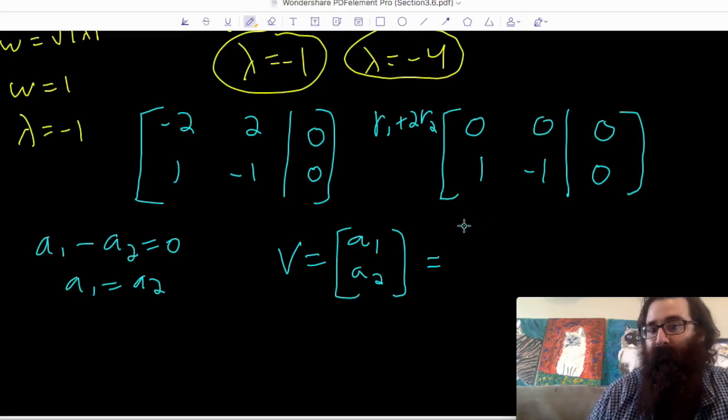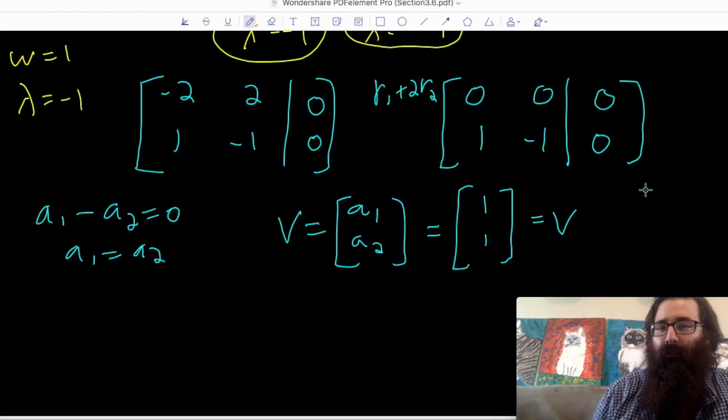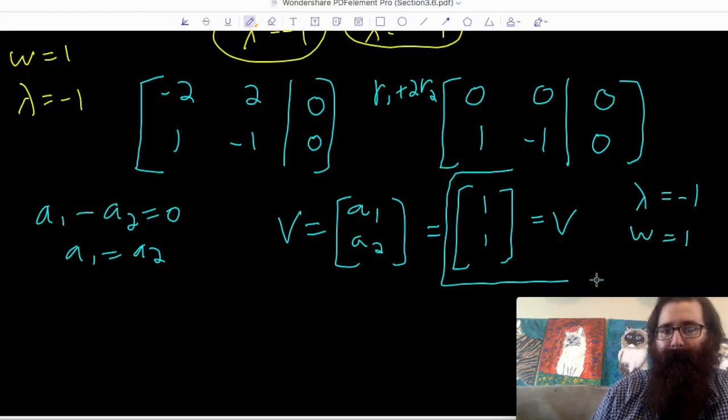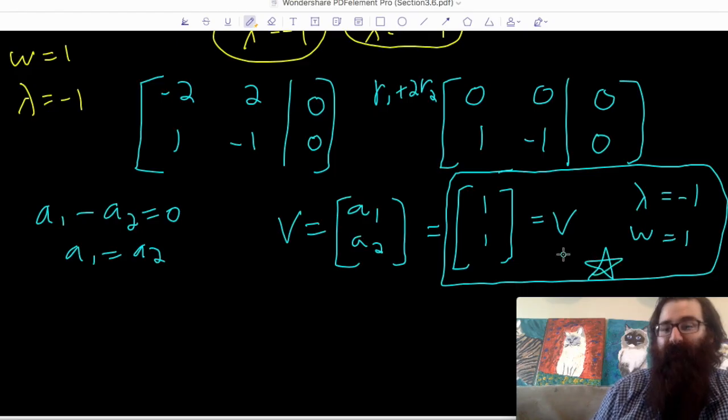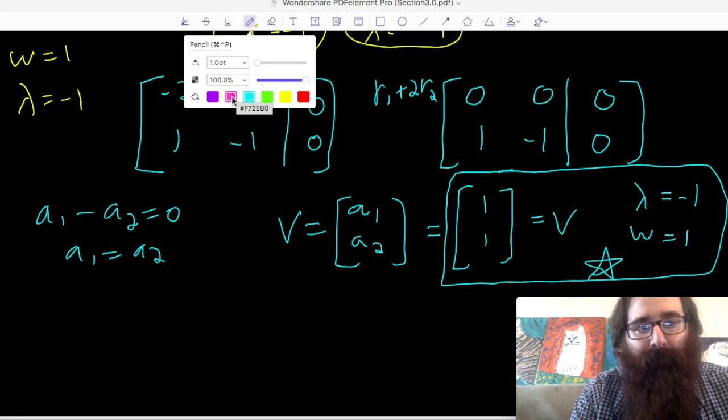So are you thinking what I'm thinking? I'm thinking 1, 1. It's my favorite. So this is my eigenvector, and this was associated with an eigenvalue of -1 with a frequency omega of 1. So I'm actually ready to build this part of the solution, but I'll wait till I have all my pieces.